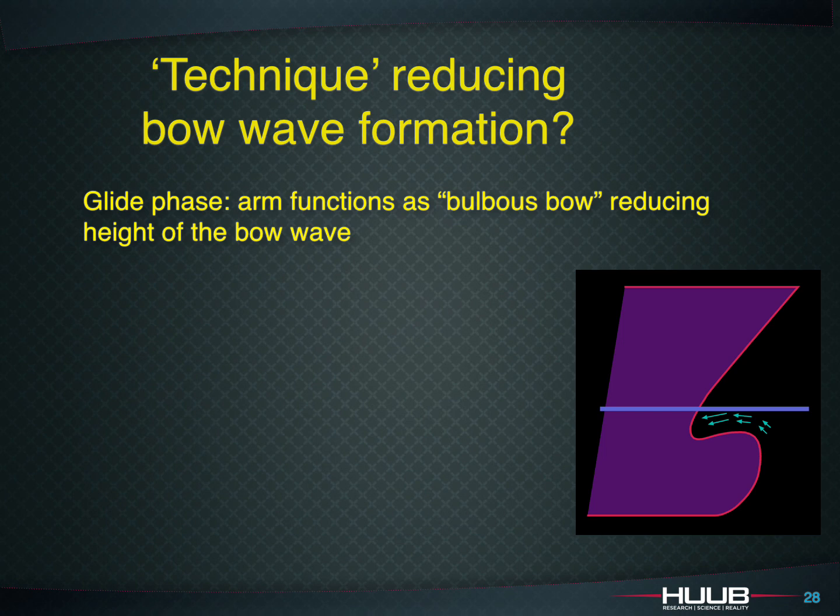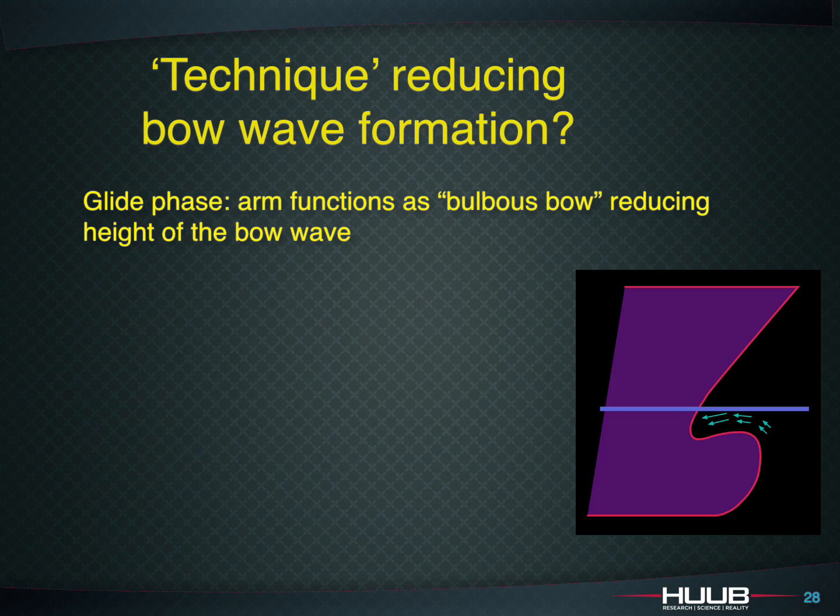Low speed, higher pressure; larger speed, lower pressure. So this bulbous bow has the effect of increasing the speed of water and thereby reducing the pressure point that sets up the waves at the bow. So in shipbuilding design, there is a principle of a bulbous bow, which reduces bow wave formation.